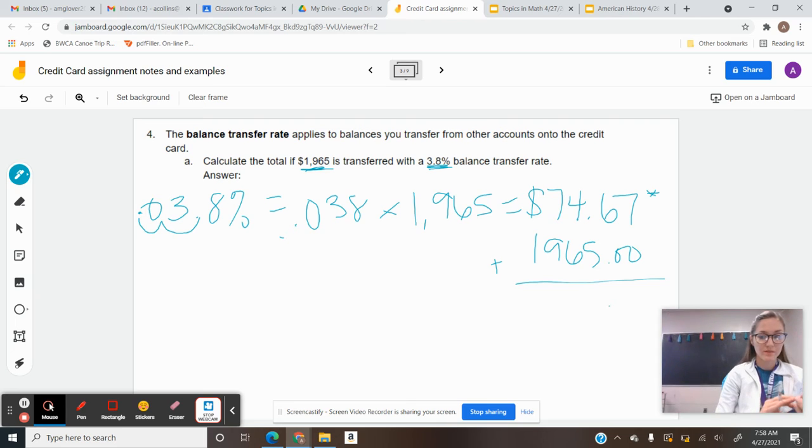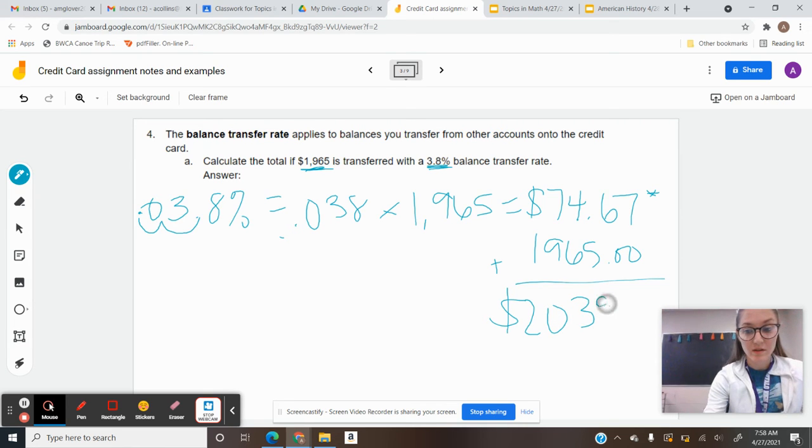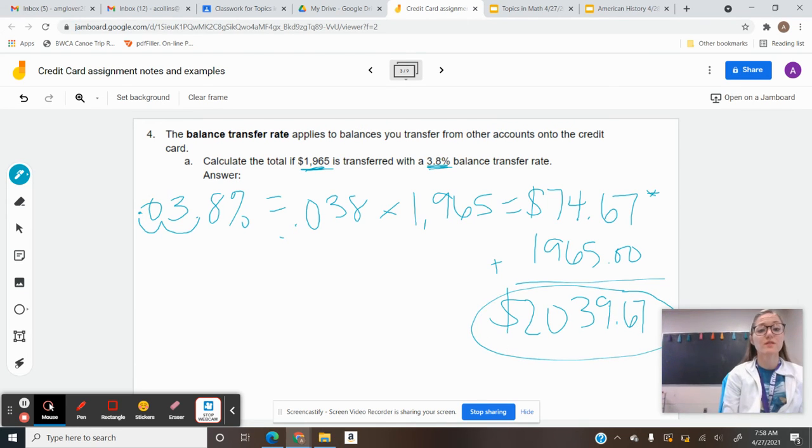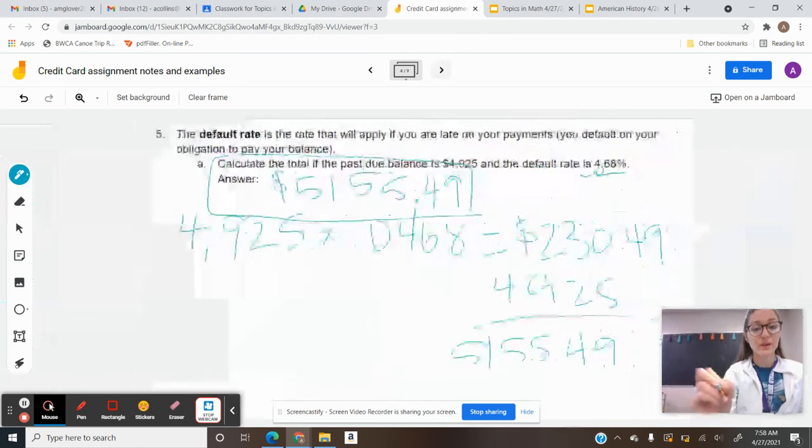And when we do that, we get a total of $2,039 and 67 cents. So that is how much it would cost just to transfer that original balance of $1,965 onto a new card. So that's what the balance transfer rate is.